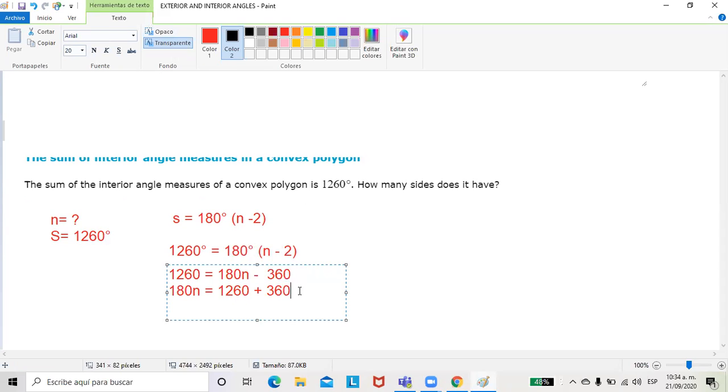And we take the same one to the other side, and this becomes positive. So how much is it?